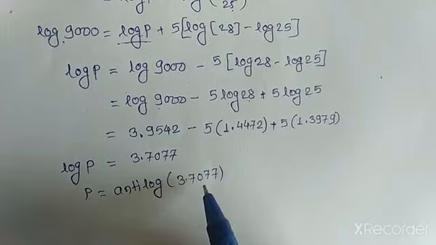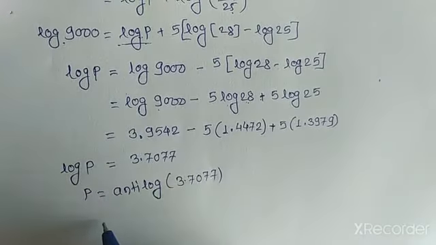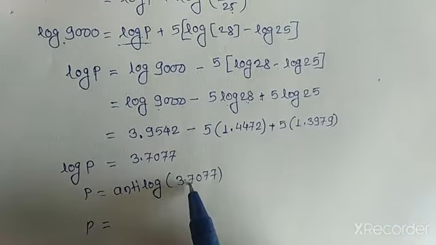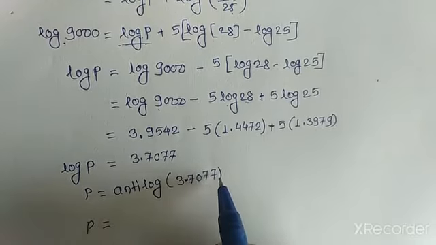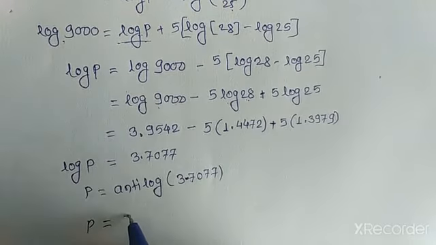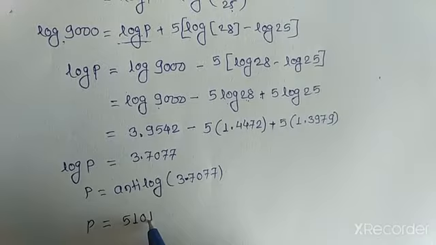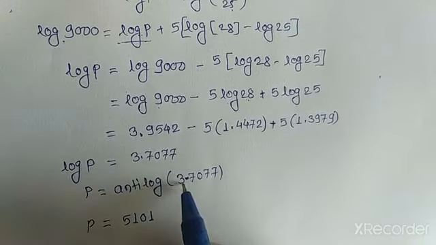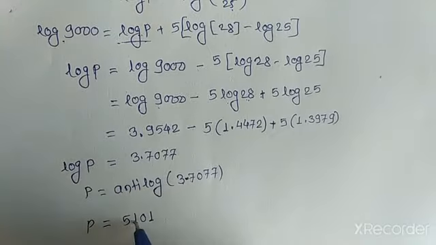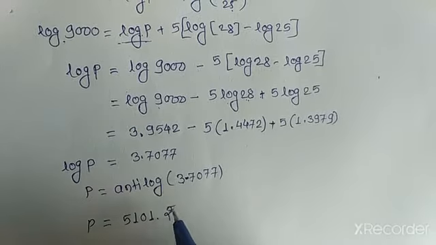For the antilog of 3.7077, you have to check 0.7077, which is 5101. We have to place the decimal point after 4 digits because the characteristic is 3, so 1 2 3 4, and after that it will be 0, so the principal will be 5100 rupees.